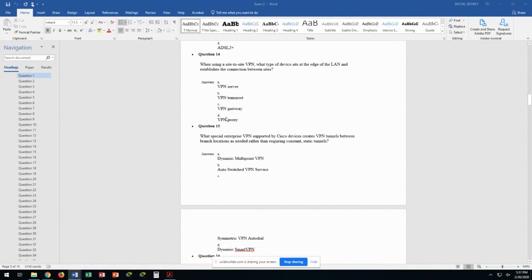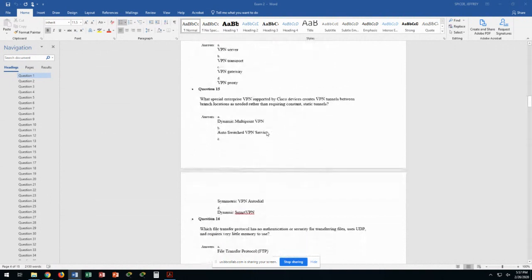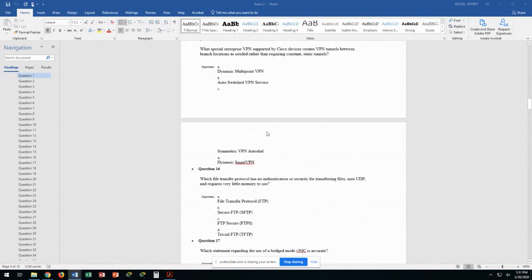All right, 14. Oh, we probably should have started up front. That's all right. When using a site-to-site VPN, what type of device sits at the edge of the LAN and establishes the connection between the sites? Gateway, right. All right, 15.